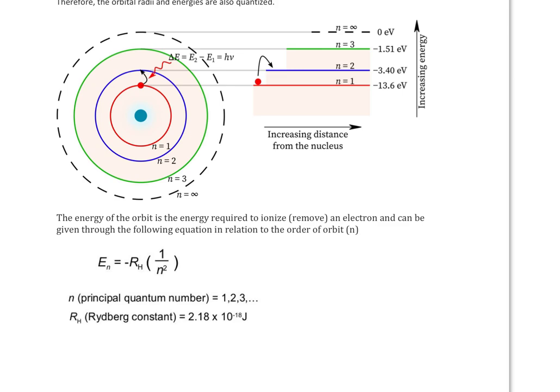And so the energy to ionize an electron, to remove it, that's what E is.